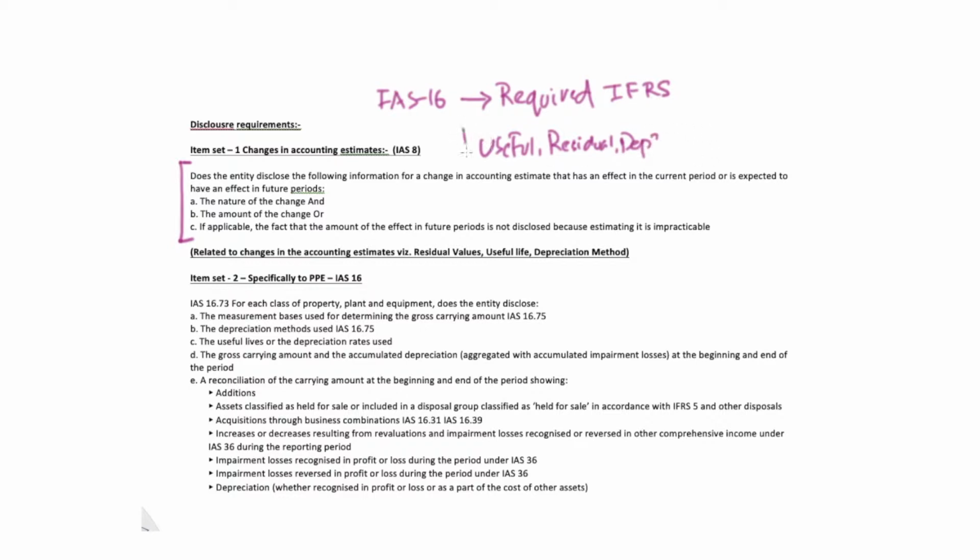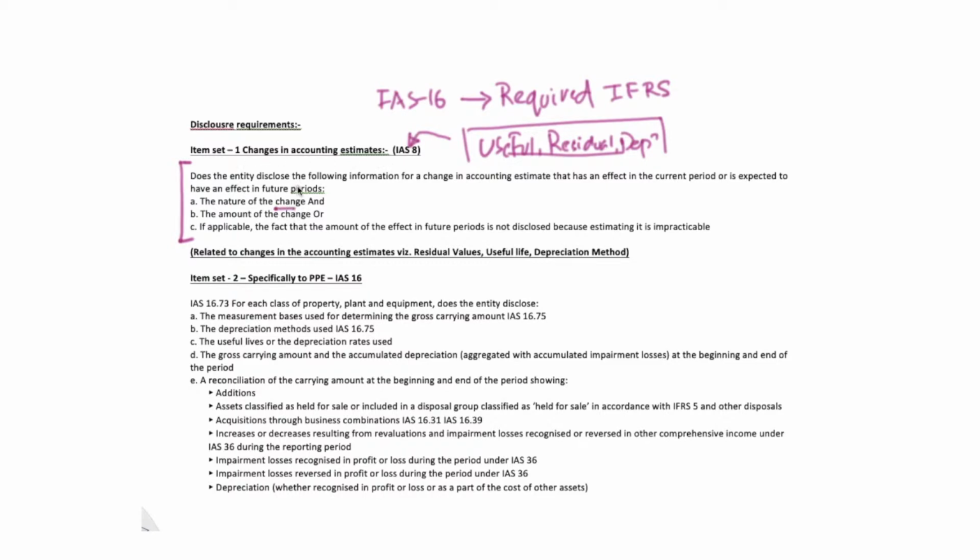All of these changes are governed by IAS 8. How to account for those changes is governed by IAS 8. So if the entity makes any changes in the accounting estimate or the accounting policies, they need to provide the disclosures mentioned herein. The first is the nature of the change.